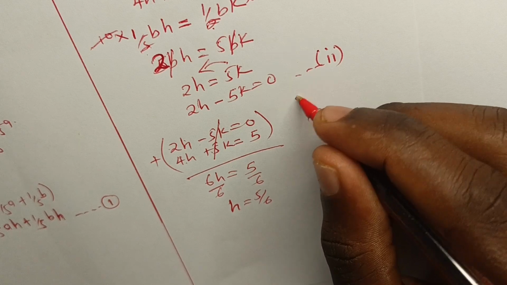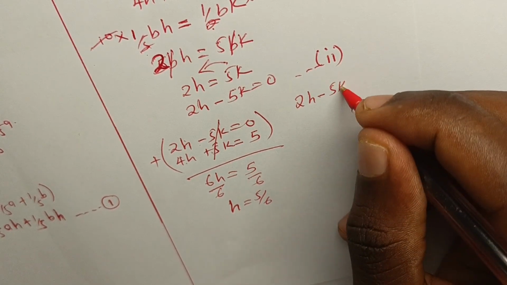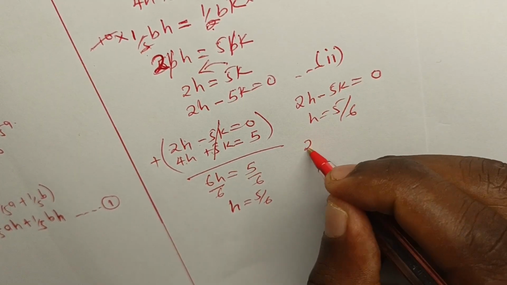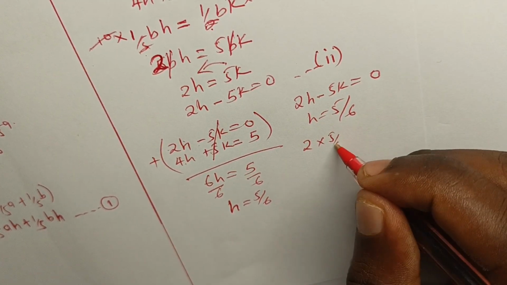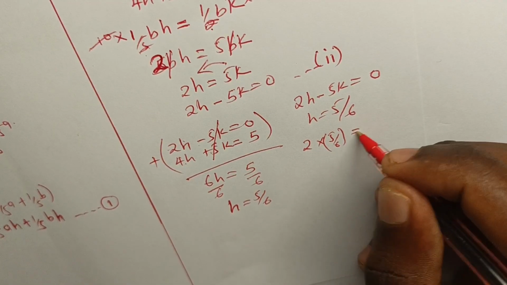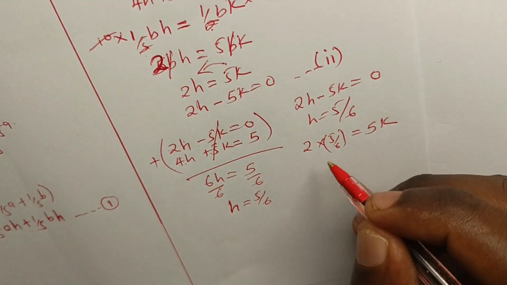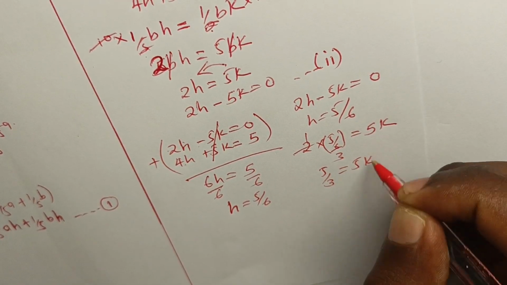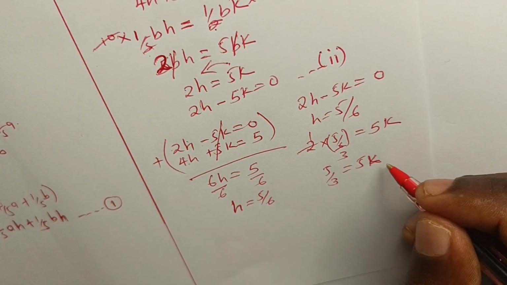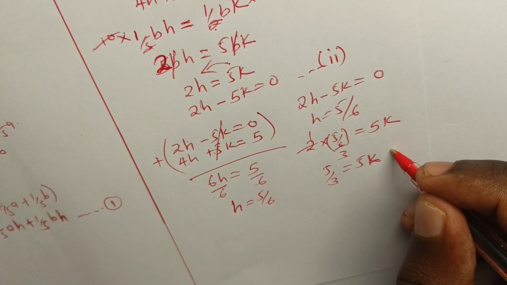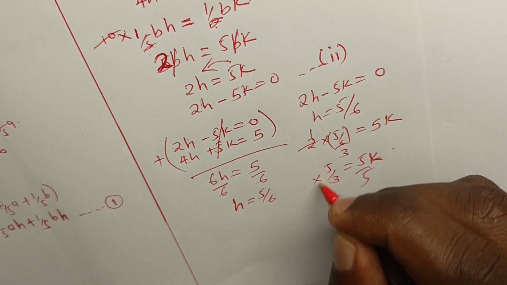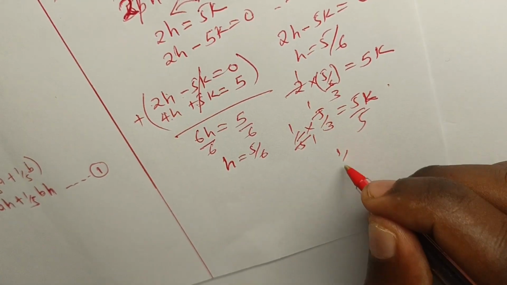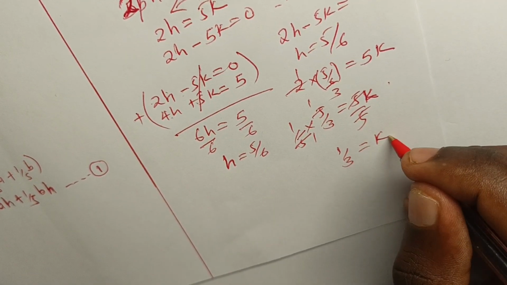Having that 2h minus 5k is equal to 0, and we found that h is equal to 5 over 6, then 2 times 5 over 6 is equal to 5k. 5 over 3 is equal to 5k, and to find the value of k, divide by 5, multiply by 1 over 5. 5 by 5 is 1, so 1 over 3 will be equal to k.